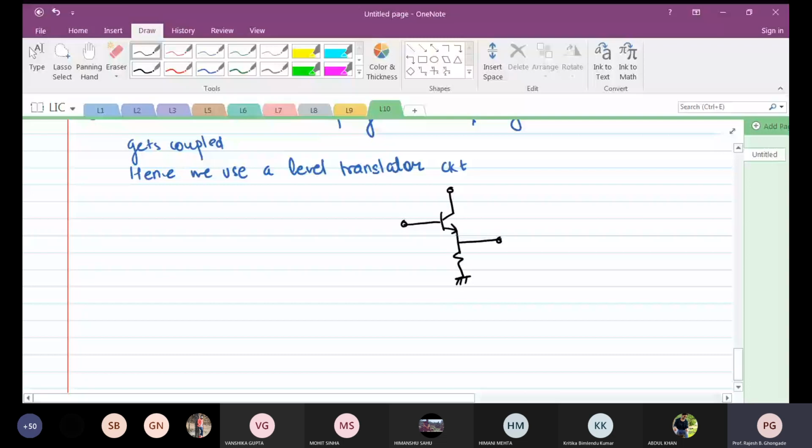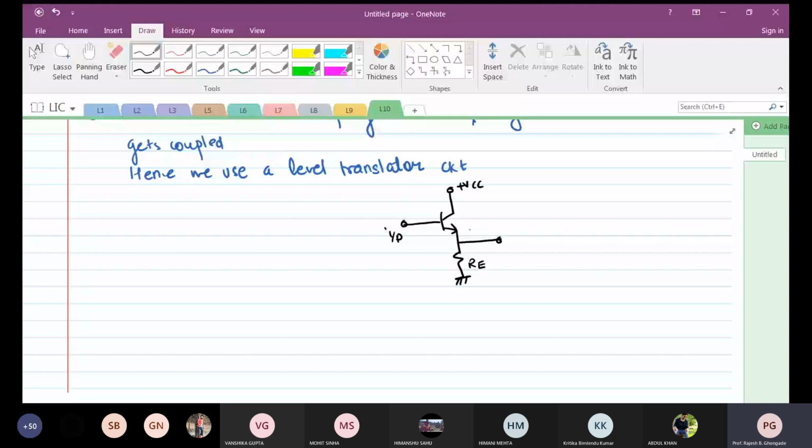This is going to be your VCC. This is going to be your RE. Which configuration is this? Guys? Common collector. Very good. It is a common collector circuit.